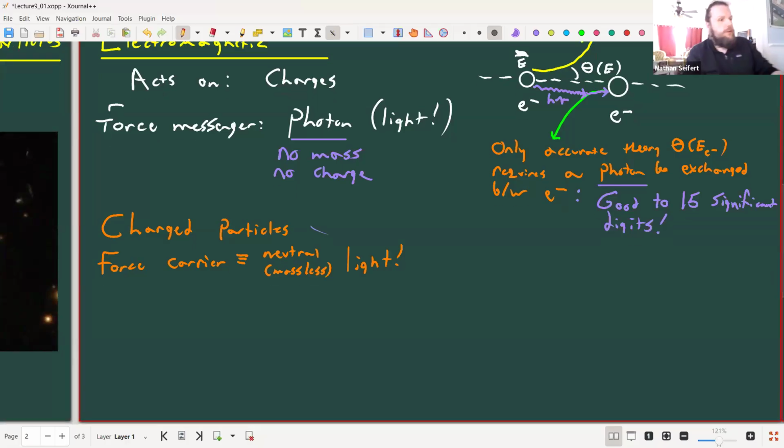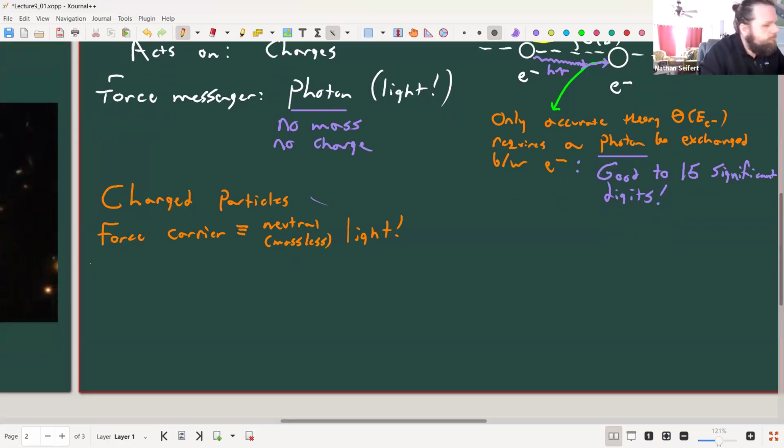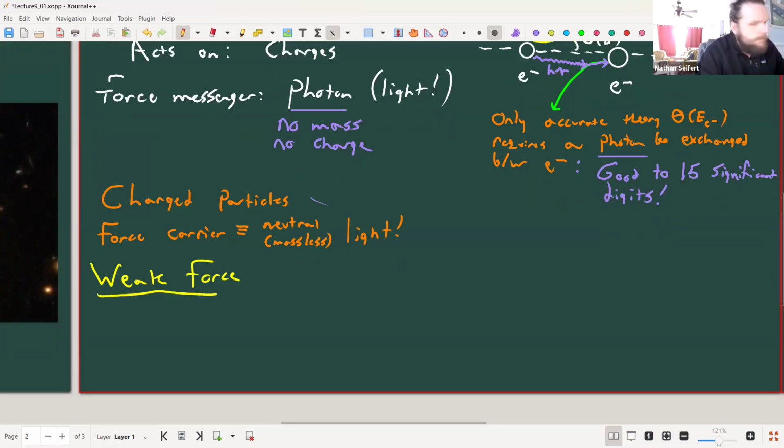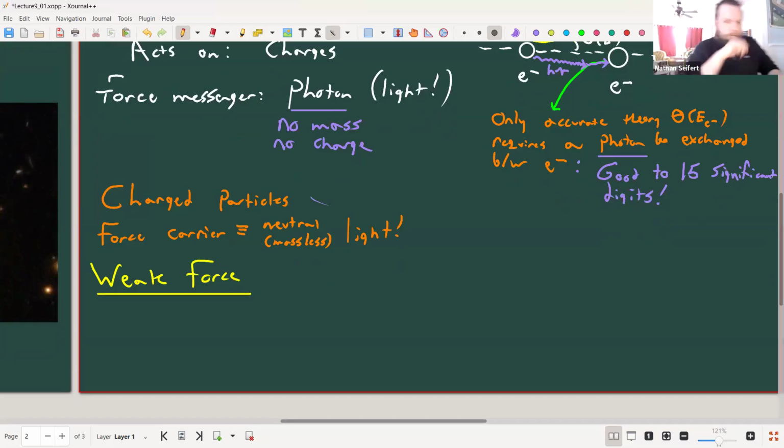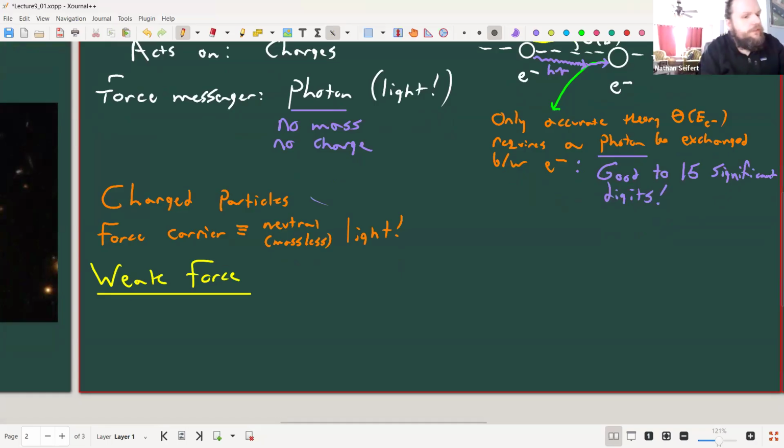All right, there's another interaction that we see called the weak force. And the weak force we only see in very certain situations.